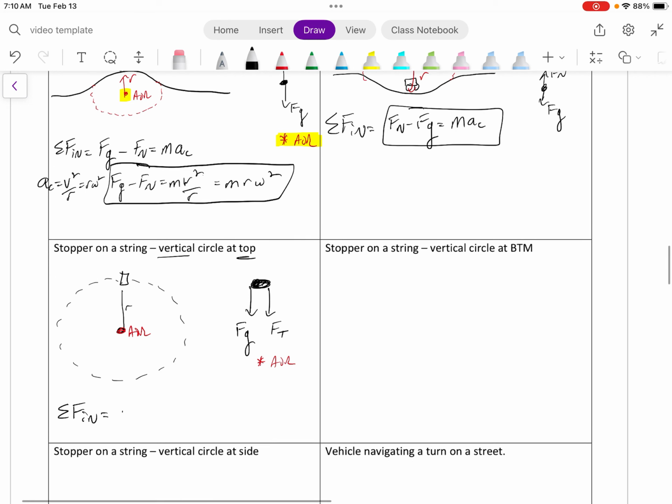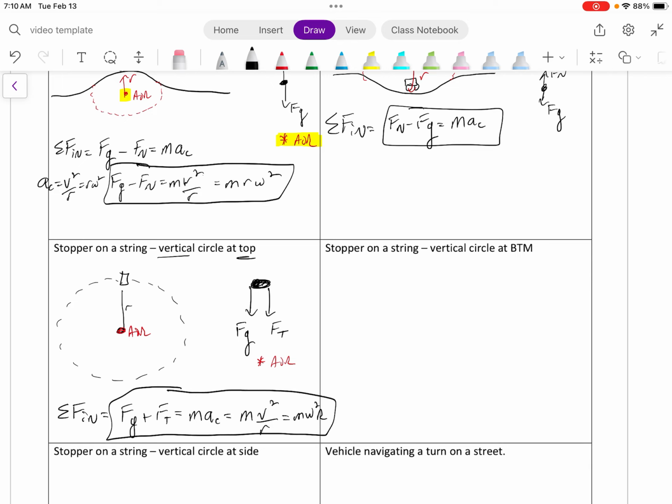Forces inward, there's two of them. There's force of gravity plus force of tension equals the mass of the stopper times centripetal acceleration. And again, I can plug in whichever I would like, depending on what the problem gives me as far as the definition of centripetal acceleration. That's the only direction I can sum the forces.